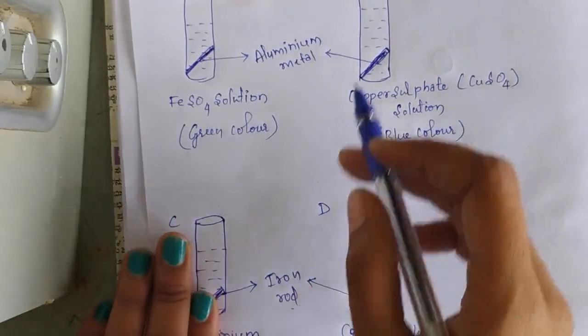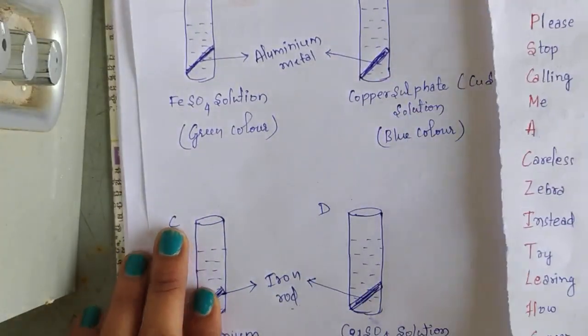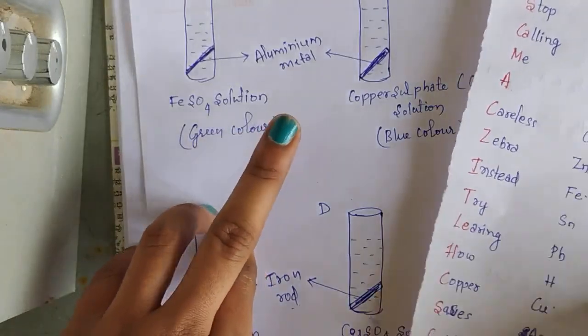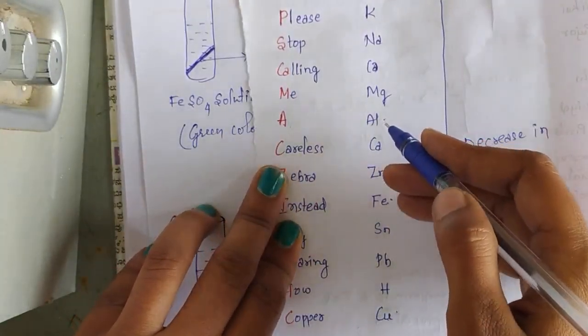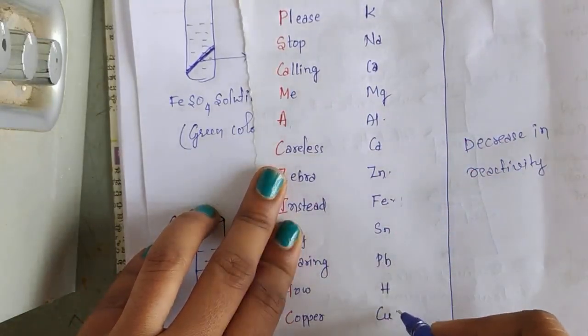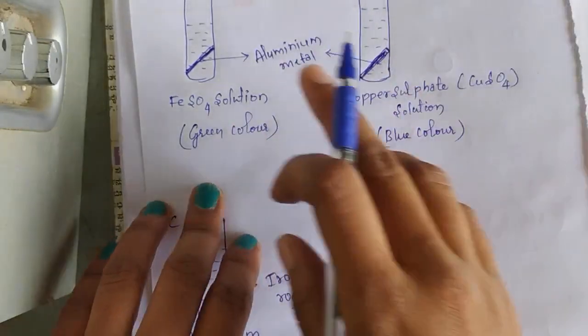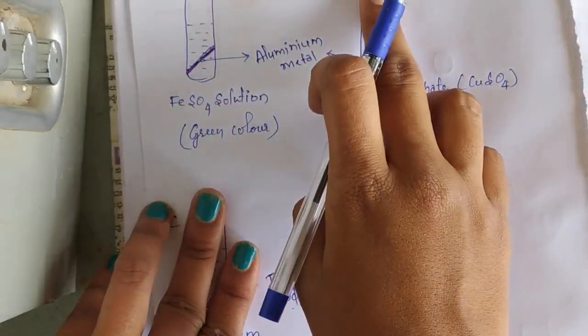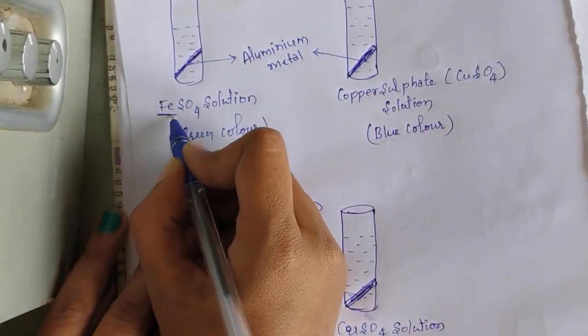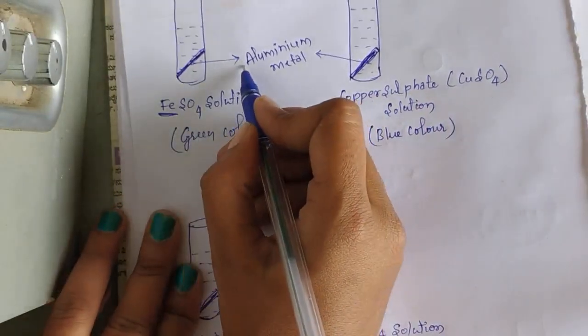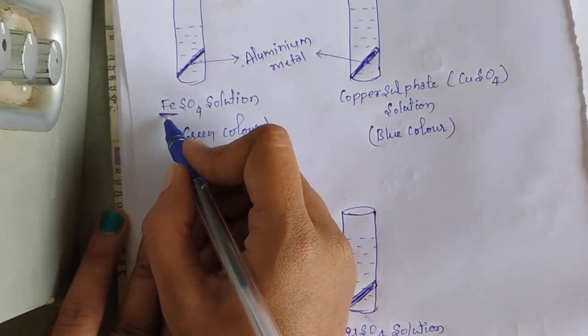Again this question is based on the reactivity series. If you see the position of aluminium in the reactivity series, aluminium is here, that of iron is here, and that of copper is here. In both test tubes A and B, what happens? Aluminum is more reactive than iron.